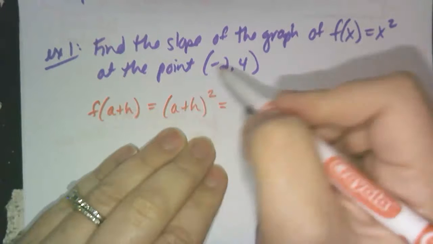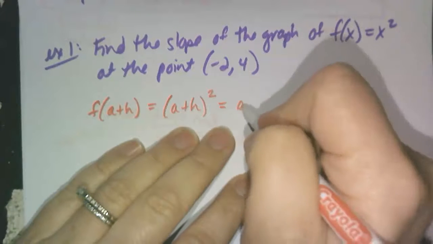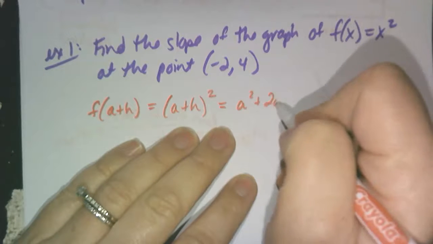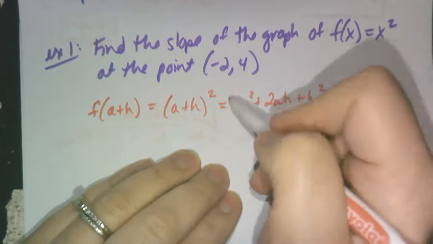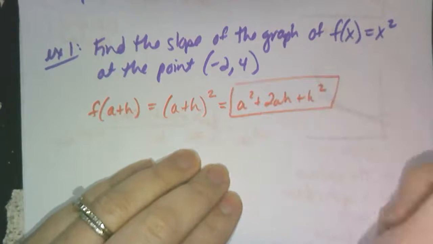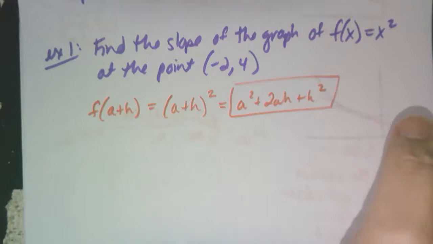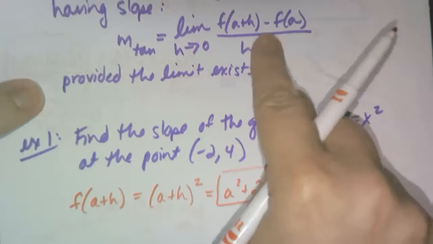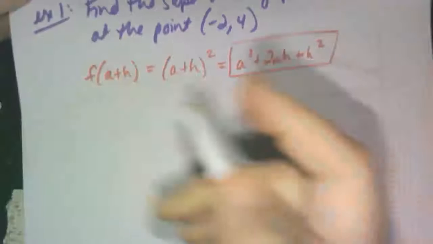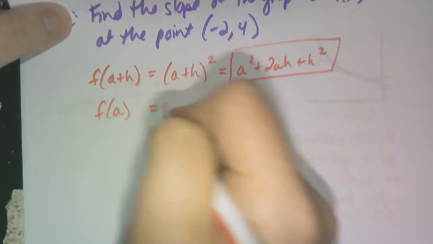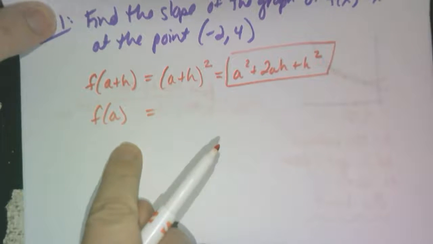Foil this. If you don't know how to foil, you need to get fast at it. This is A plus h squared. Now the definition says, okay, minus the f of A. What does that mean? What would f of A be? A squared.